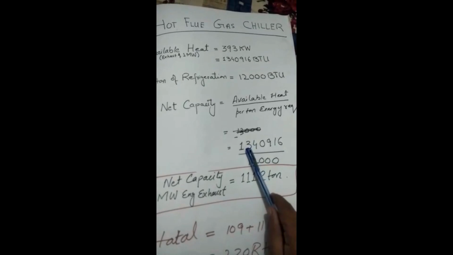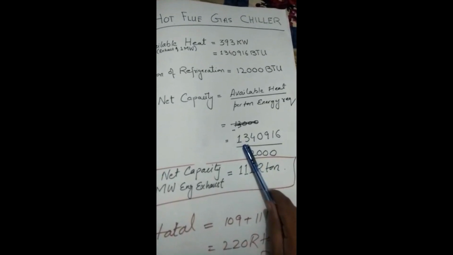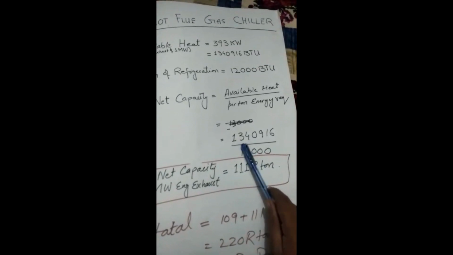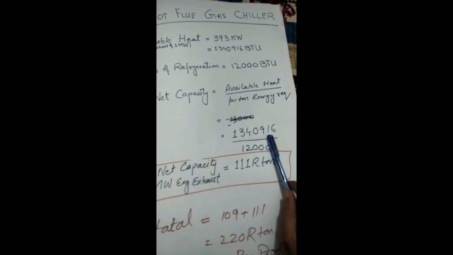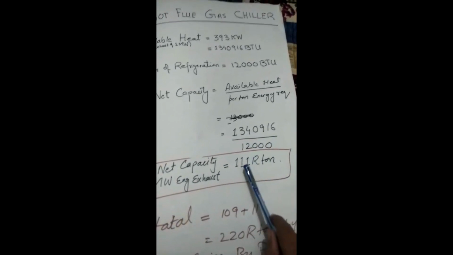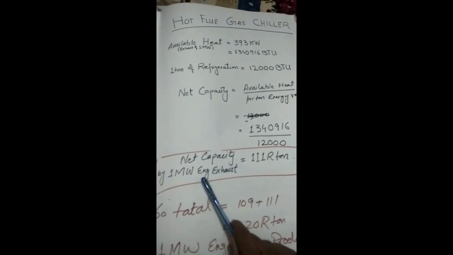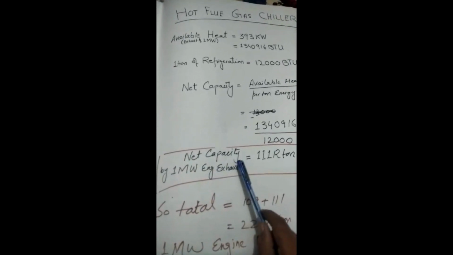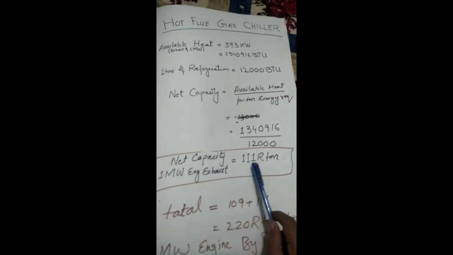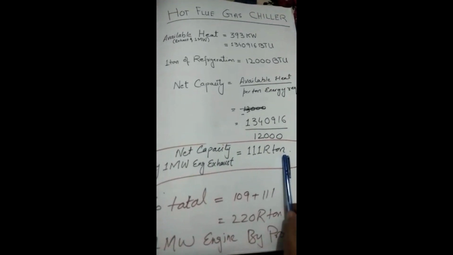So the available heat in the exhaust gas is 1,340,916 BTU divided by 12,000. So the net capacity of the 1 megawatt engine exhaust chiller is equal to 111 refrigeration ton.